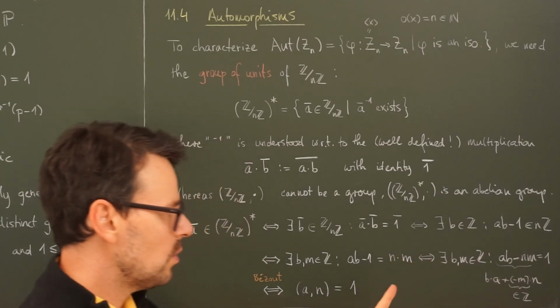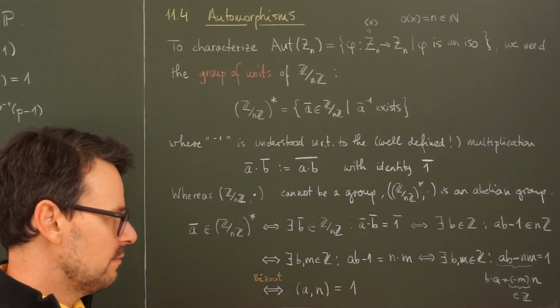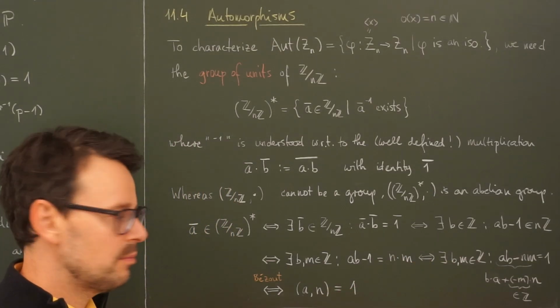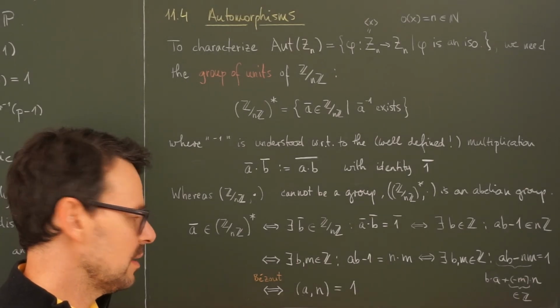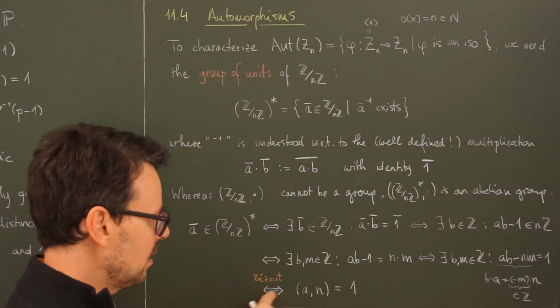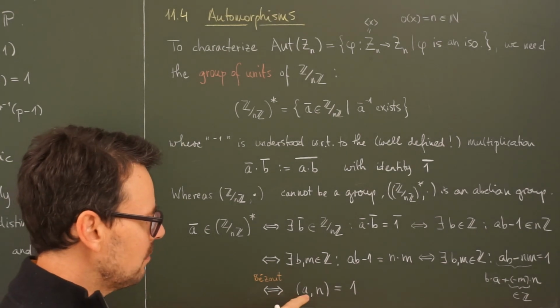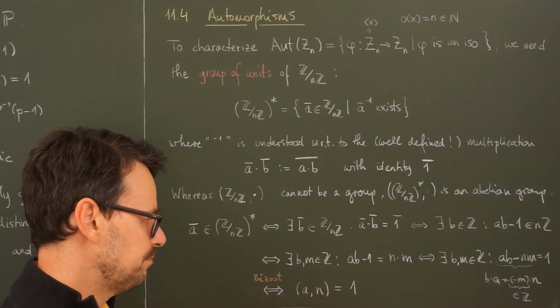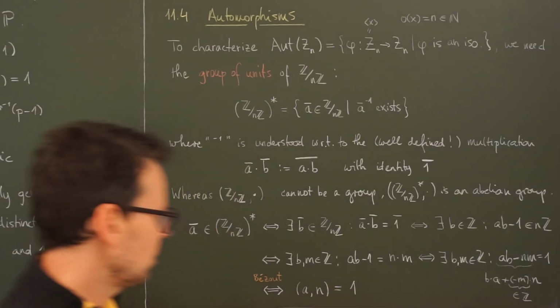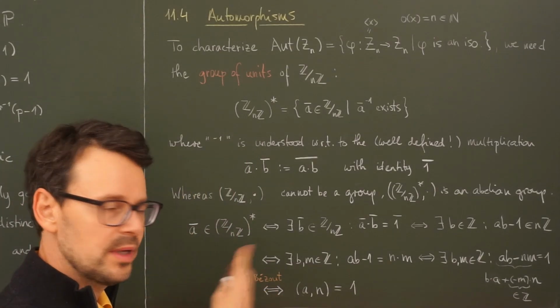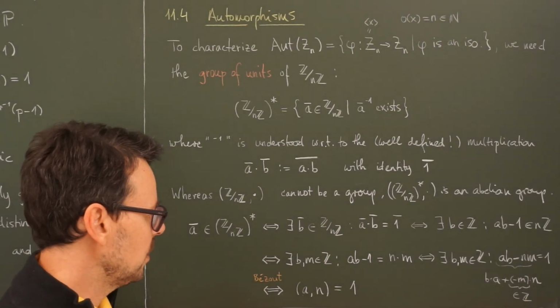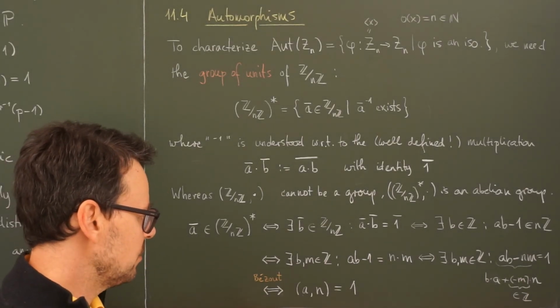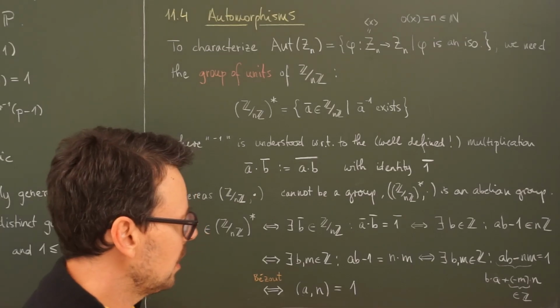And if this is 1, then the very important lemma of Bézout, or Bézout's lemma from elementary number theory, states that this is the case if and only if A and n are coprime, so the GCD is 1. We're not going to prove that here, but in elementary number theory you will learn that lemma of Bézout, very important lemma.